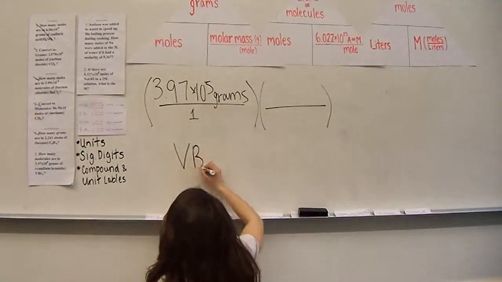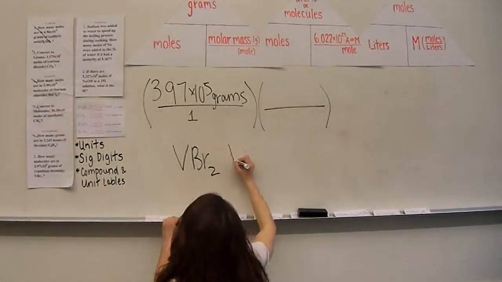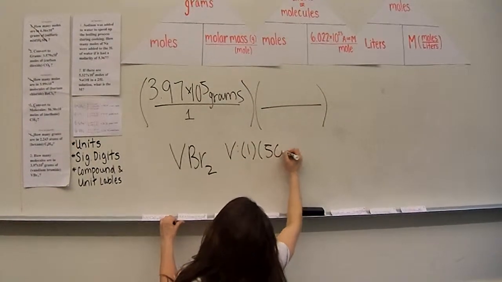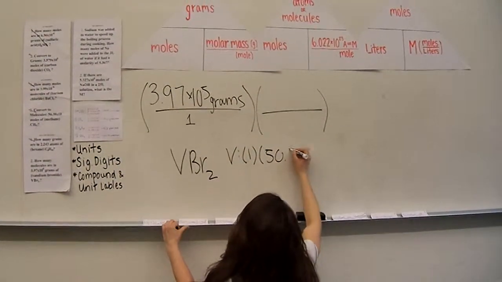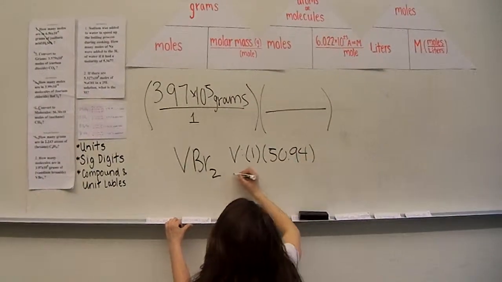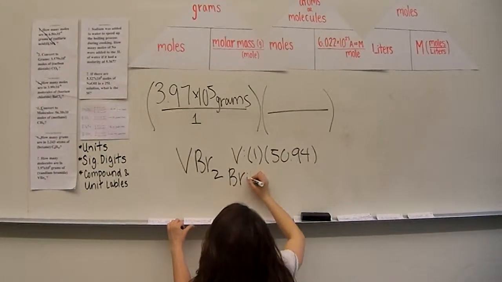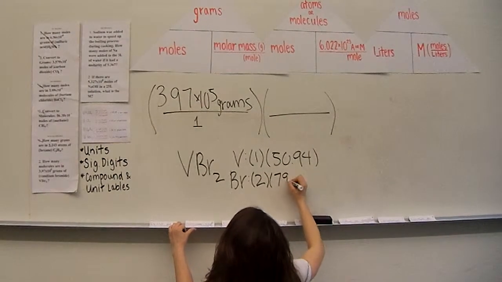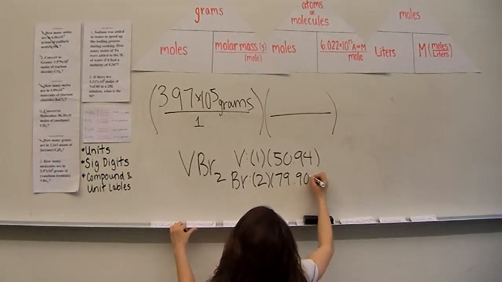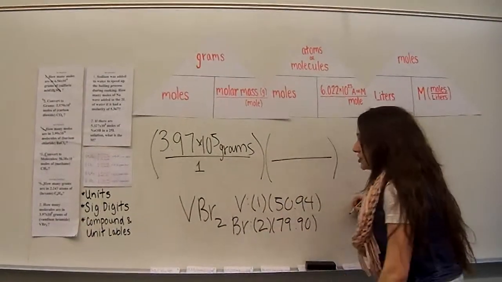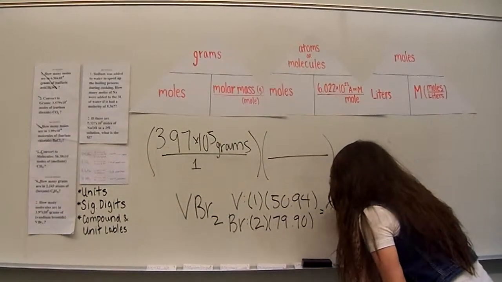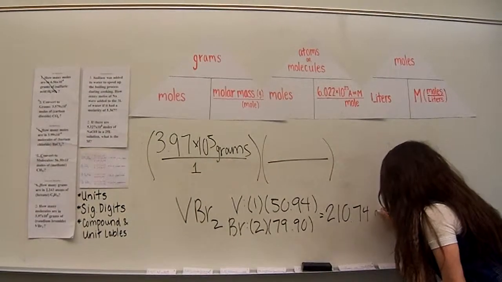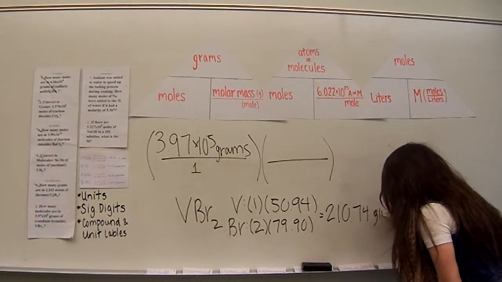So we have vanadium bromide, 1 part vanadium, which has a molar or atomic weight of 50.94, and we have bromide, just 2 parts, which has the atomic weight of 79.90. Once you calculate that out, you will be given 210.74 grams per mole.